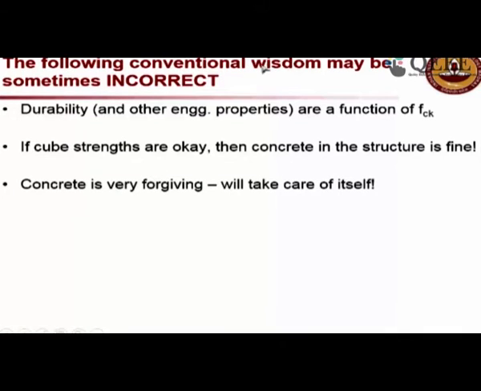So, the following conventional wisdom may sometimes be incorrect. I am not saying it is always incorrect, but sometimes it can be. What we think is that durability and other engineering properties of concrete are a function of fck. For example, if you talk to an engineer at site, they will talk about one parameter of concrete, that is the strength, or characteristic strength, fck.